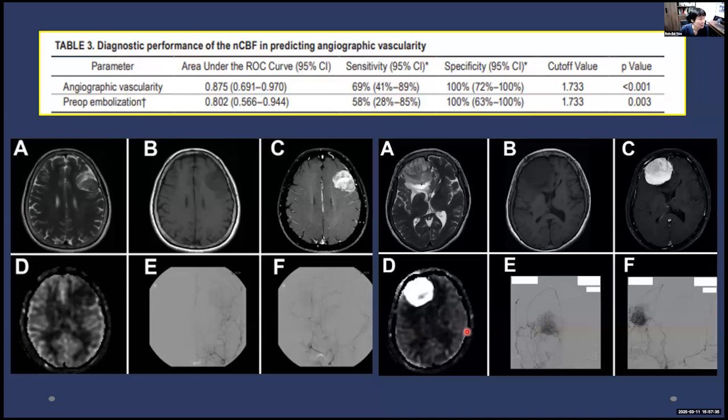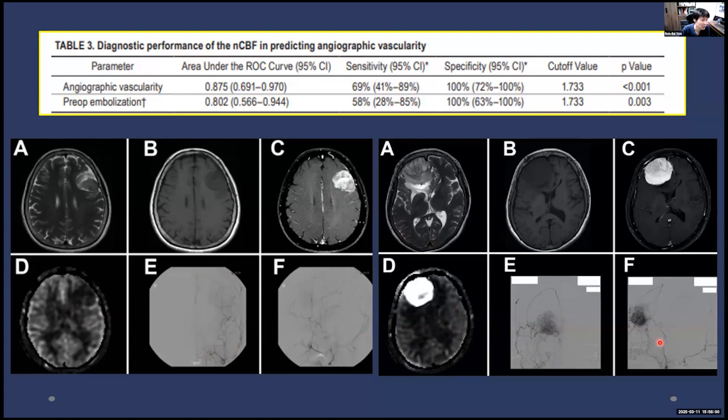So here are typical examples, and both of the two examples show well-enhancing convexity meningiomas. But in the first one, we do not see any increased CBF. It was rather decreased relative to the normal cortical perfusion, which corresponded to no or lack of tumor staining on the DSA.